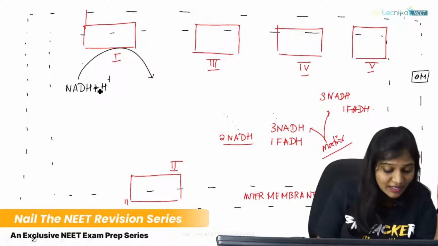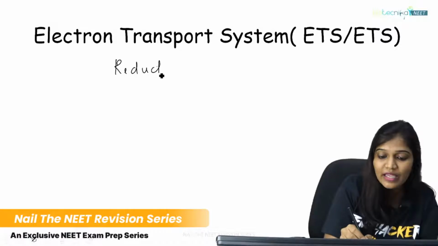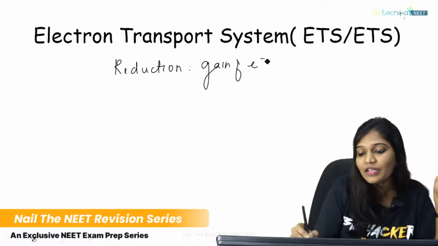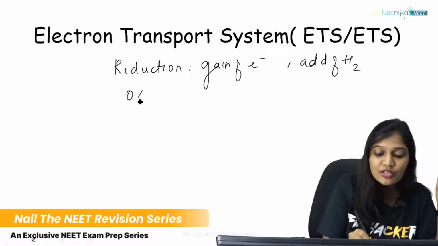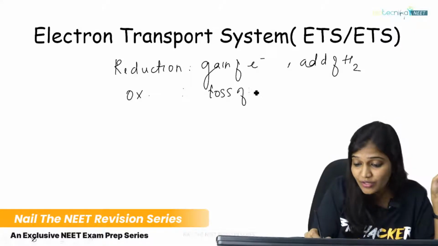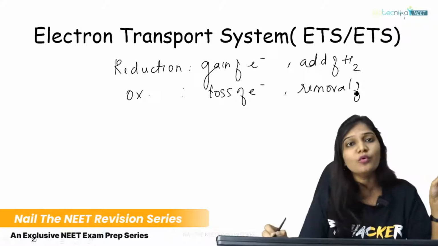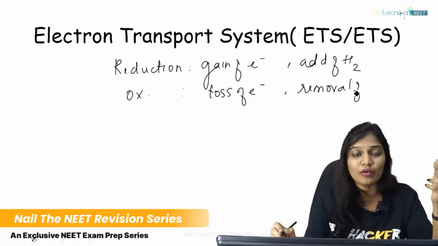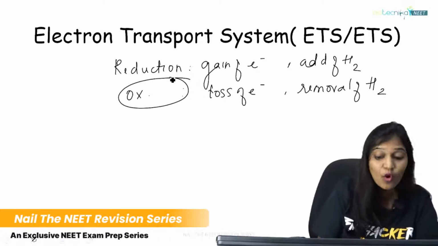And we know reduction is gain of electrons, or we can say addition of hydrogen. And oxidation, as we have just seen, is loss of electrons and removal of hydrogen. So I'm going to remove 2 protons, or 2 hydrogens, from there, which means NADH is getting oxidized.